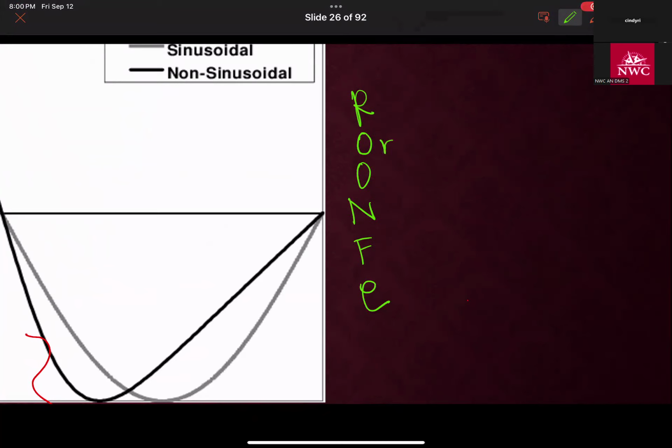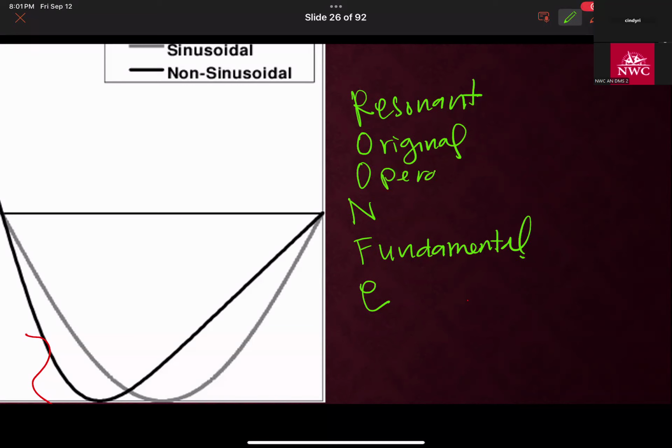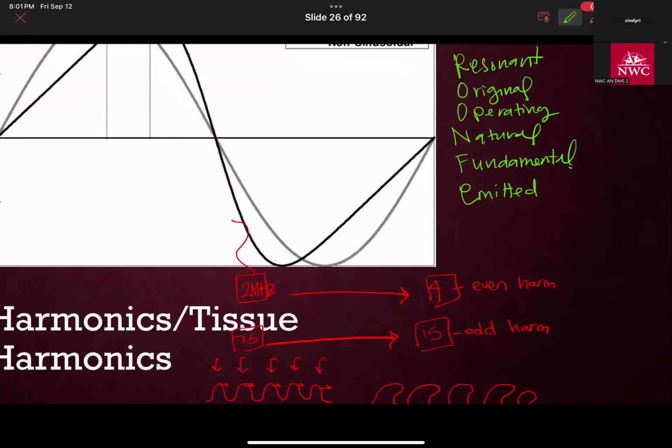But this stands for original, operating, natural, fundamental, and emitted. He doesn't start using emitted till a little bit later in the book. Okay, so these are all AKAs for the original, and I just usually remember it by RONFEE.